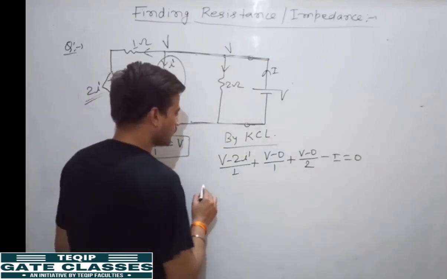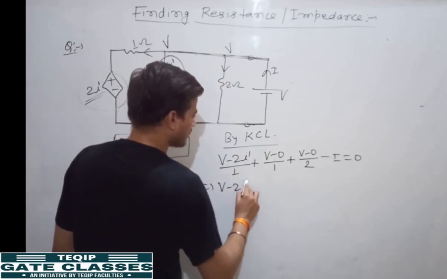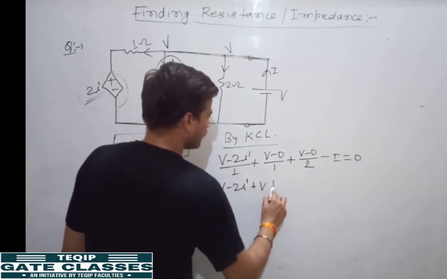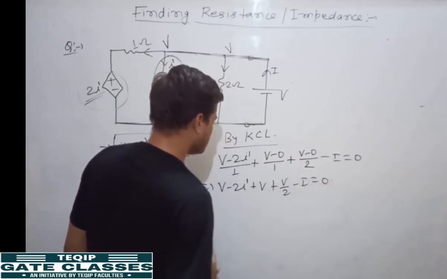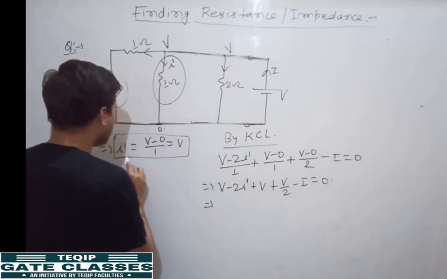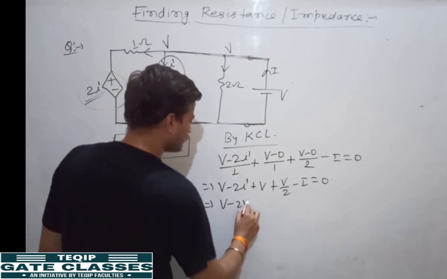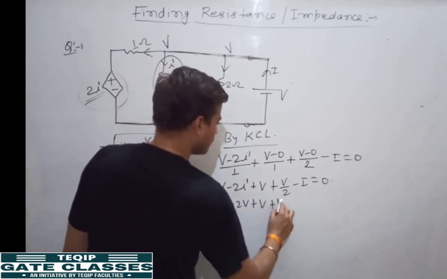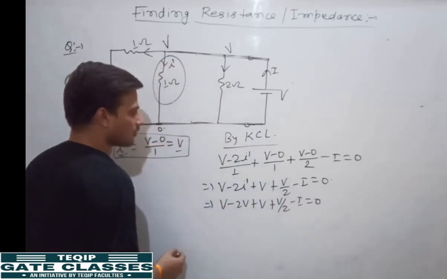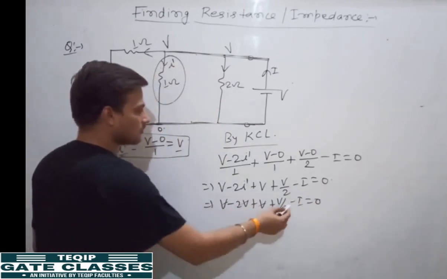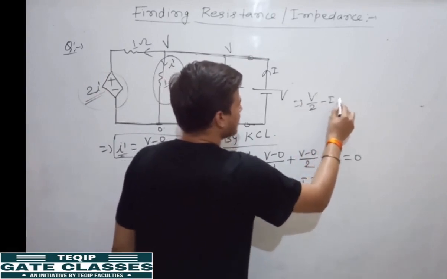From here you will write V minus 2I dash plus V plus V by 2 minus I equal to 0. Next, I dash is equal to V. So here we write V minus 2V plus V plus V by 2 minus I equal to 0. If you solve this equation, this part will be cancelled out. So it will be V by 2 minus I equal to 0.